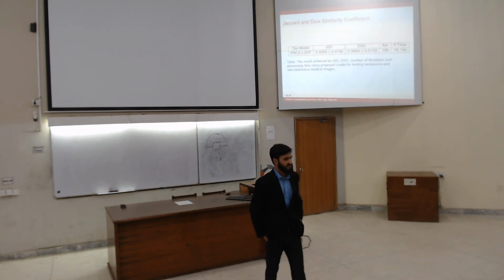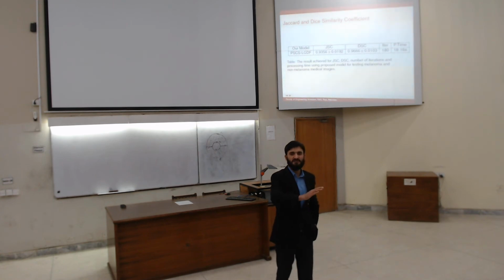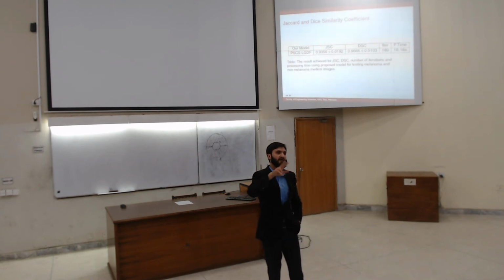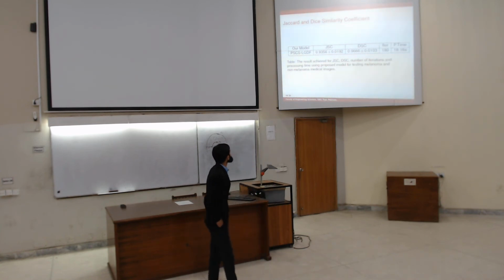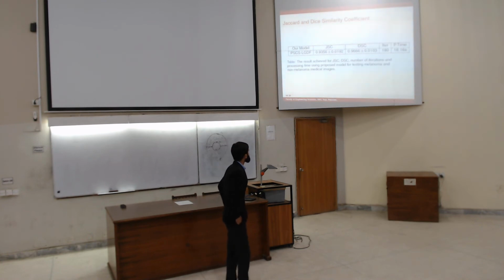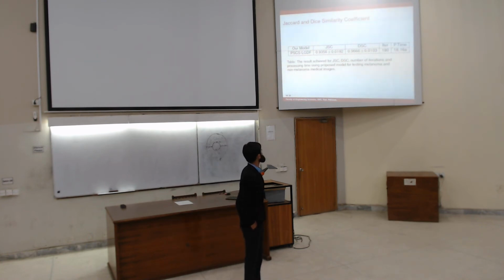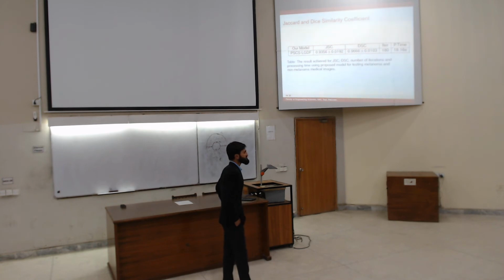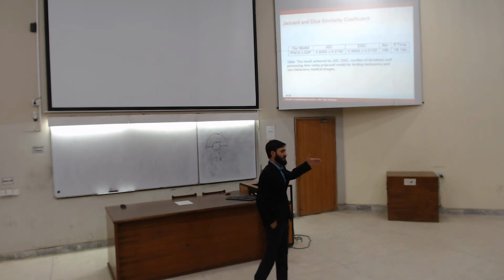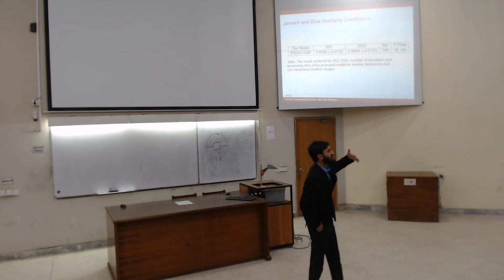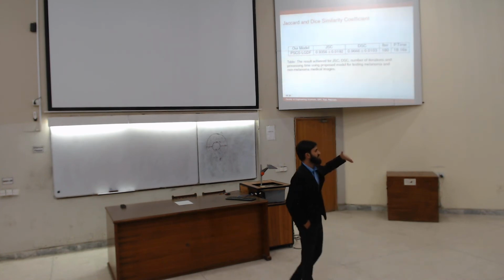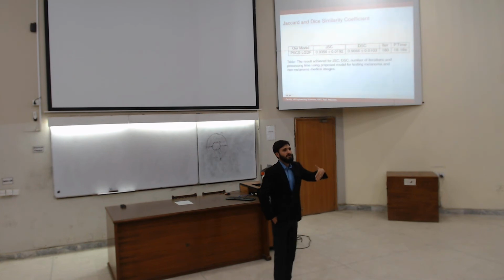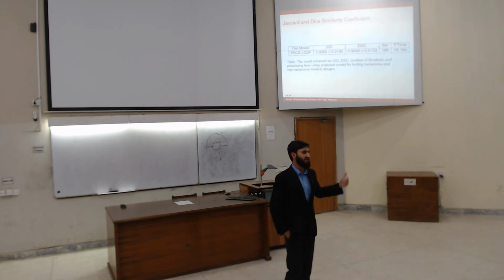Jaccard shows the measure of one set to another set, represented by the size of A intersection B divided by the size of A union B. You can see here our Jaccard similarity index is 0.9356 plus or minus 0.0192, which is close to 1. If this value is close to 1, our segmented result is more accurate. If this value approaches 0, our segmented result is not accurate.